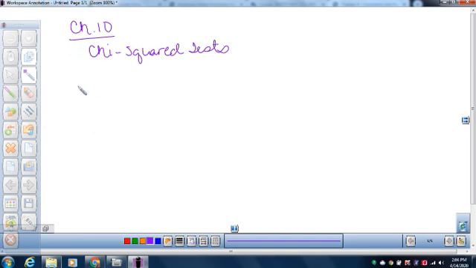So the first type of chi-squared test that we are going to do, and chi-squared, if you know anything about the Greek alphabet, kind of looks like a squiggly X. That is chi-squared. So that's what we're talking about. Not chi, it's chi. So the first one we're going to talk about is called the goodness of fit.